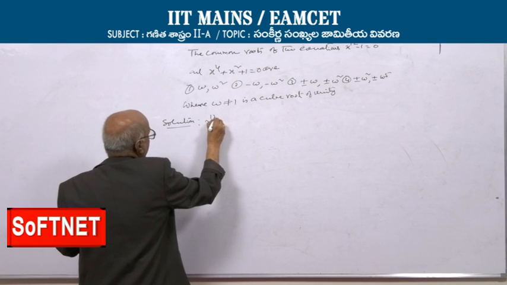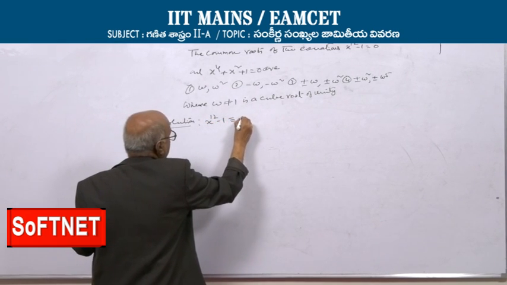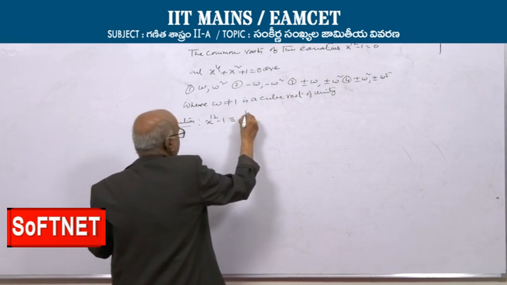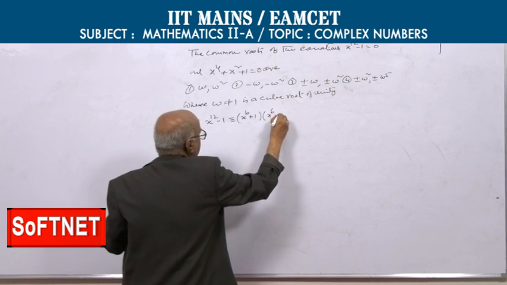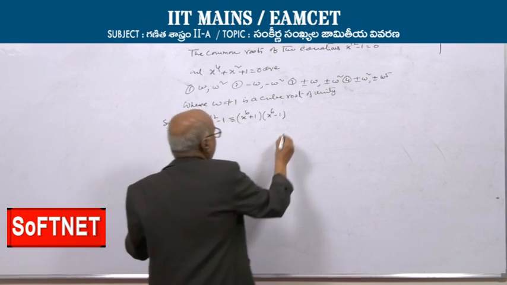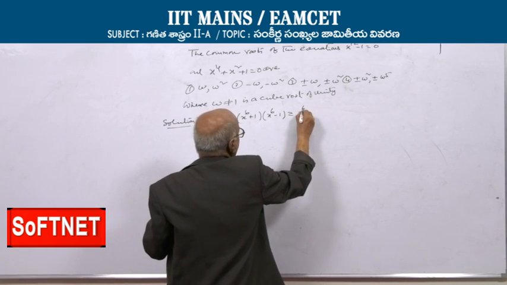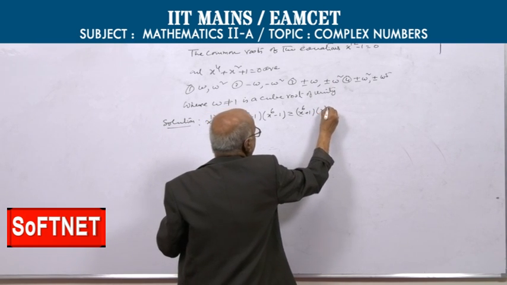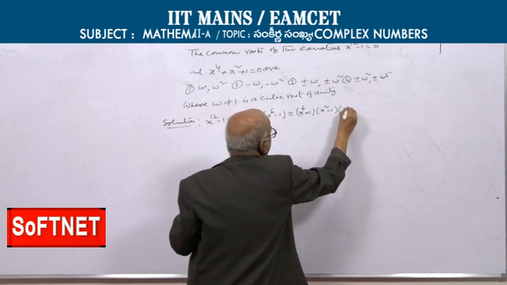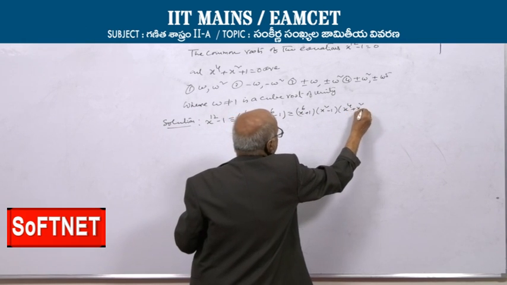x power 12 minus 1 can be written as x power 6 plus 1 into x power 6 minus 1. So this can be written as x power 6 plus 1 into x square minus 1 into x power 4 plus x square plus 1.